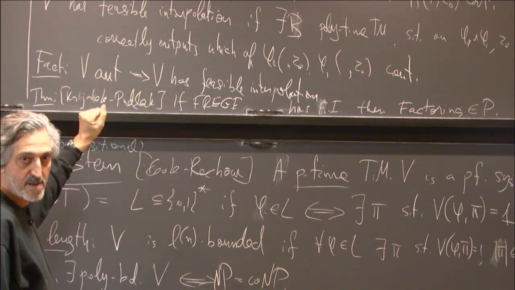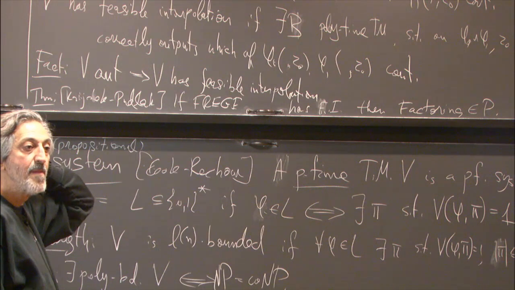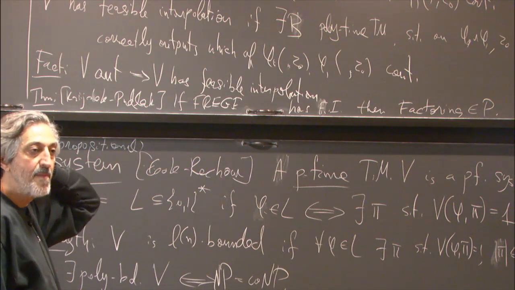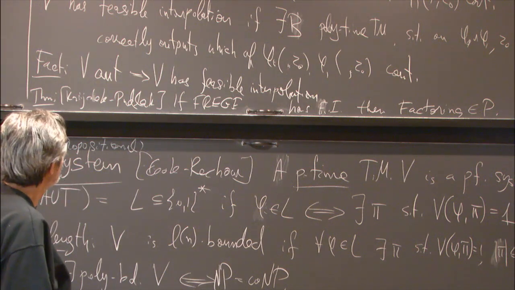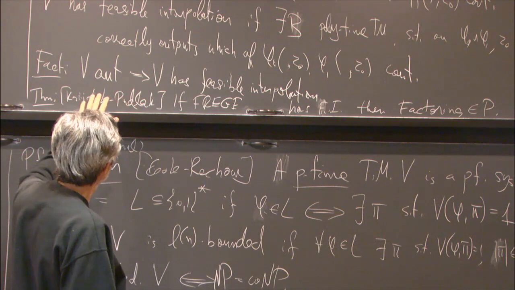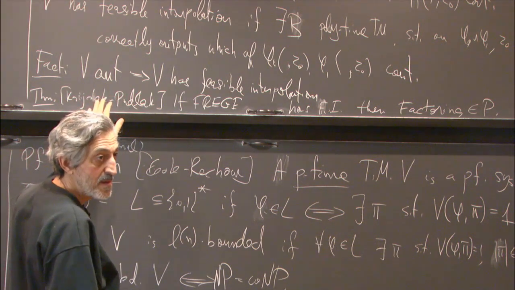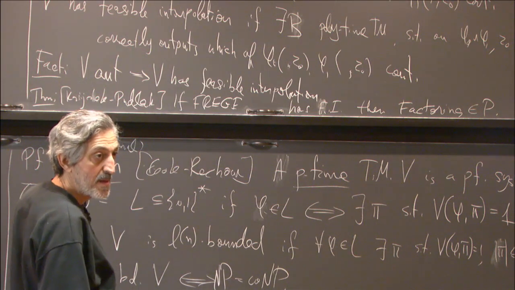It's a simple fact. In the feasible interpolation, you want the Turing machine to run in time in the length of the proof. It's not clear because you don't need to come up with a proof; you just need to say which is true.